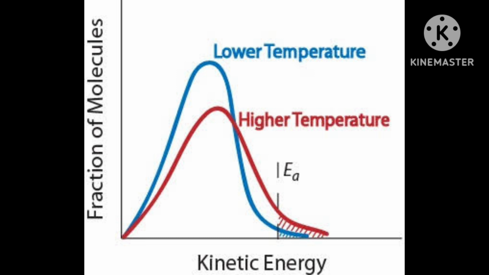After the intermediate, it will give the product, meaning energy will be lost. Just like a wave, it will go up to the maximum, then come down, and then convert to the product. Now here you can understand very easily what the activation energy is.